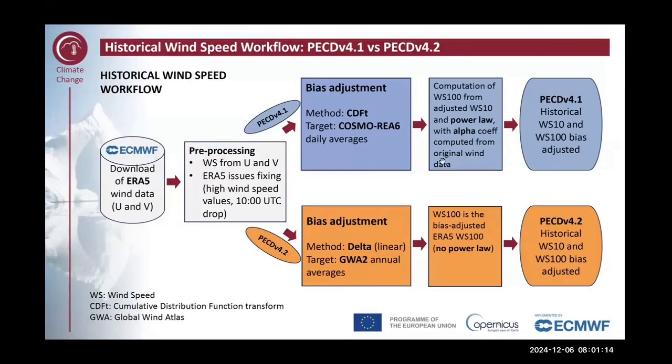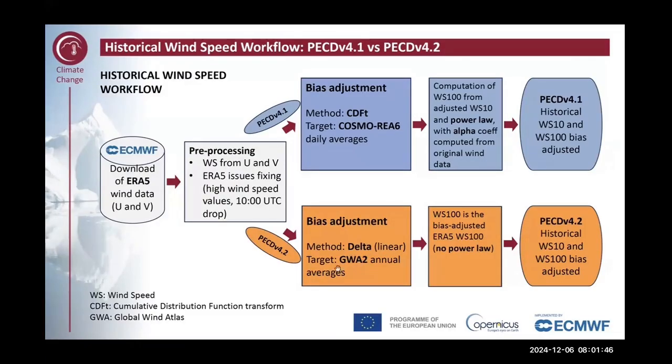However, we found that there were some issues with the diurnal cycle and also with some of the wind speed data. The wind speed was underestimated. So we moved to a different approach with 4.2, at the bottom here, and used a simpler method called the delta method.